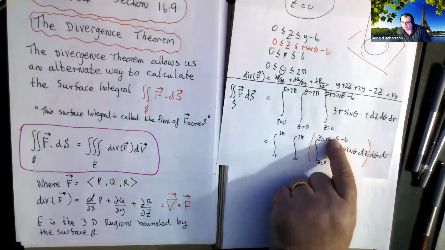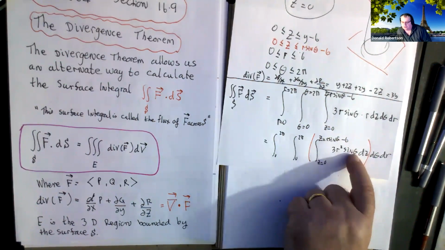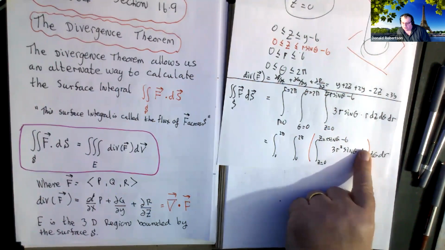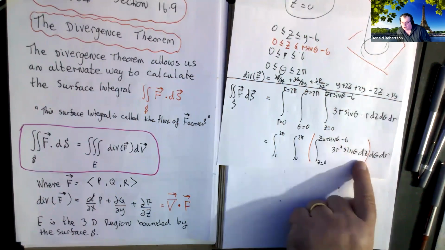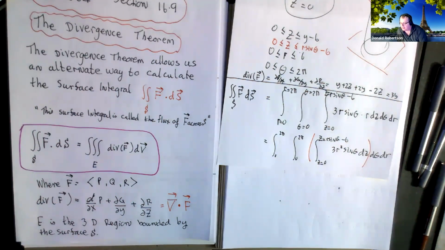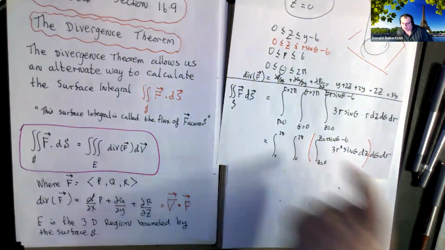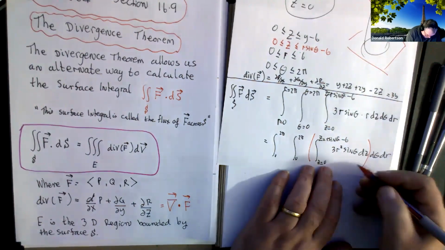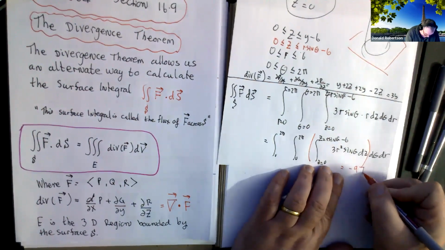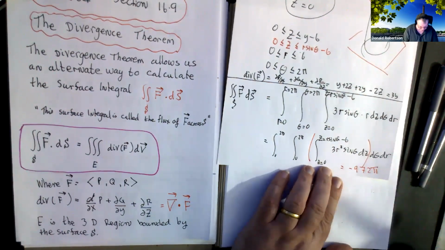You'll then replace the z by this guy in 0, the 0 won't matter. So you'll have all of this 3r squared sine theta times r sine theta take away 6. And that horrible mess you will multiply out. And then you will integrate it with respect to theta. It'll be really ugly. And then you'll integrate that answer once you put in theta is 0 and 2 pi. You'll do it one more time and you'll integrate it with respect to r. And yeah, you get, according to them, negative 972 pi.